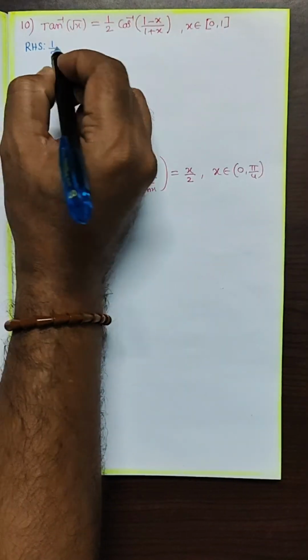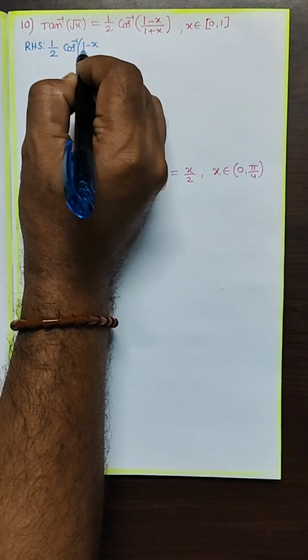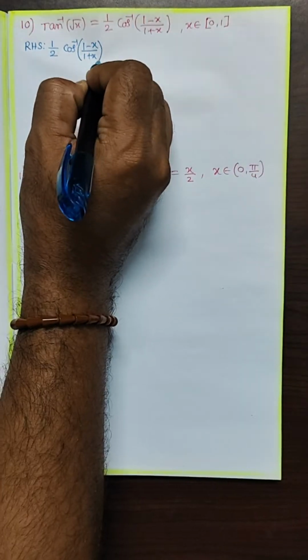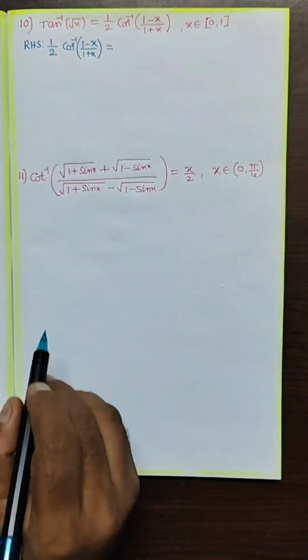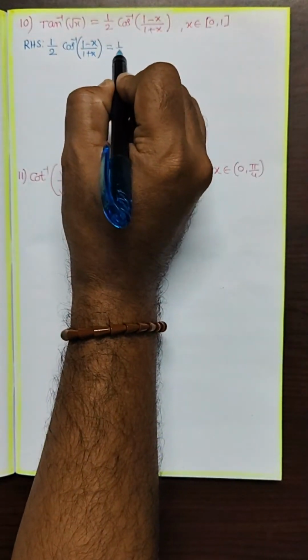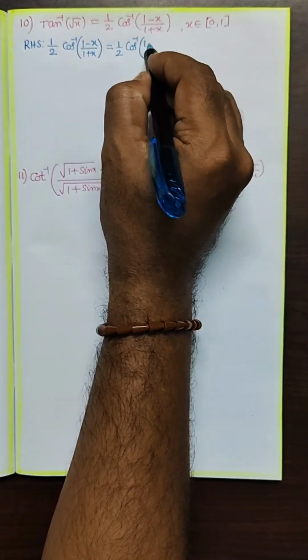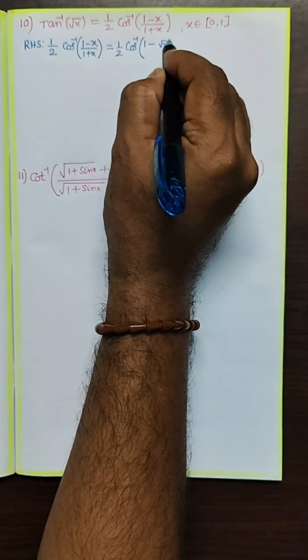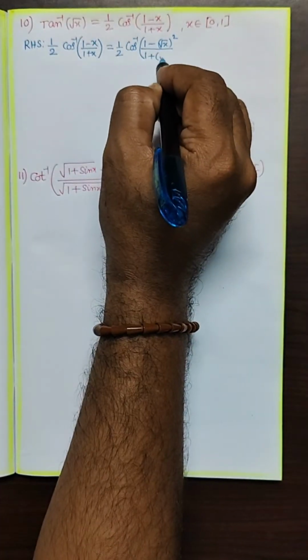Better what I am doing is, consider RHS: half into cos inverse of (1 minus x) by (1 plus x), which is equal to half into cos inverse of (1 minus x can be written as root x whole square) by (1 plus root x whole square).